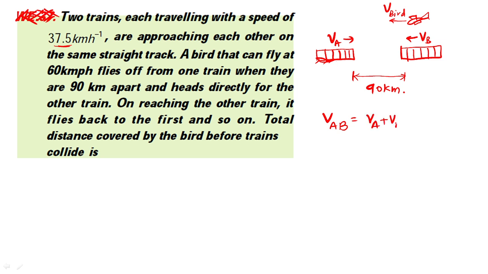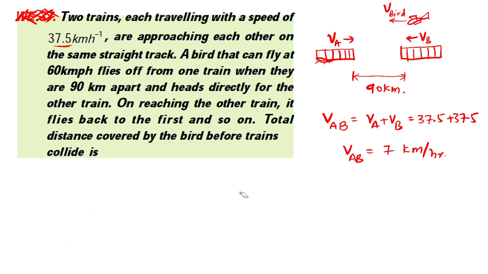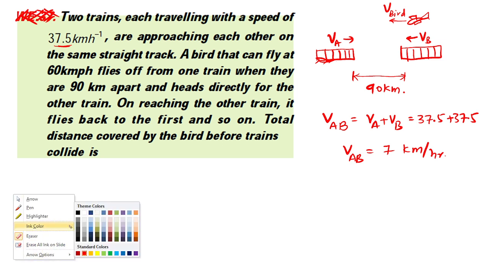VA plus VB. What is the answer now? 37.5 plus 37.5. VAB is equal to how much? 70 kilometer per hour? 75, very good. So 75 kilometer per hour. They are approaching each other. Fine.